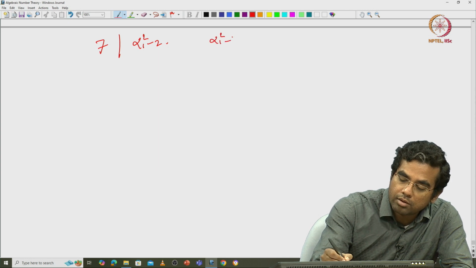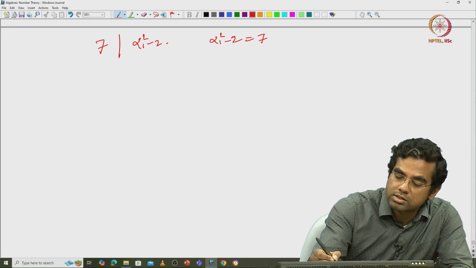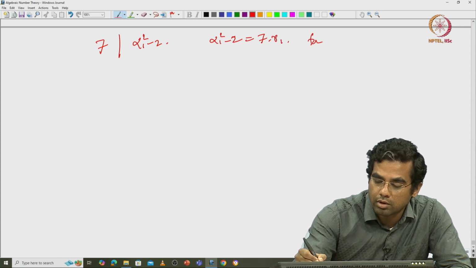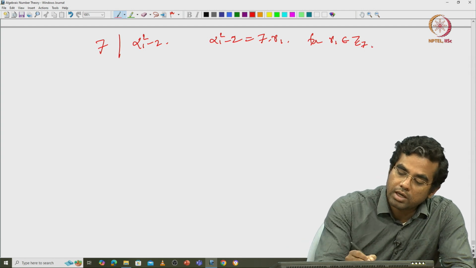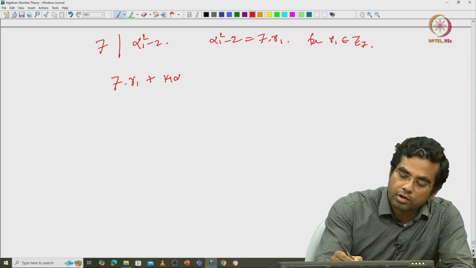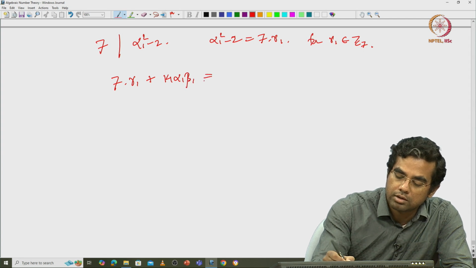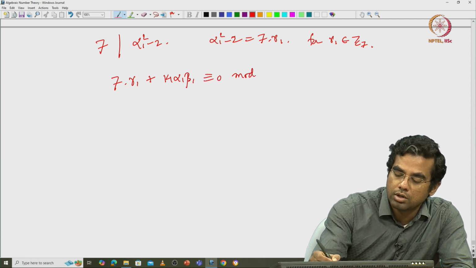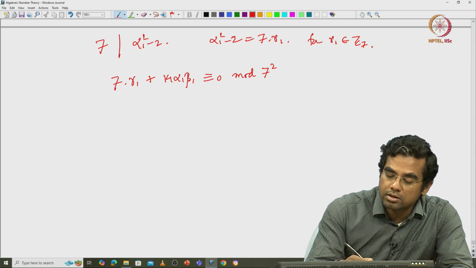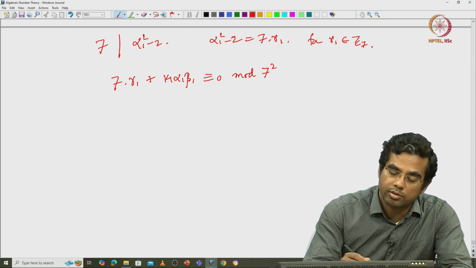Alpha 1 squared minus 2 is 7 times something, some other gamma 1, for gamma 1 in Z7. So, I can rewrite this as 7 times gamma 1 plus 14 alpha 1 beta 1 is congruent to 0 mod 7 squared. But now the left hand side is divisible by 7.